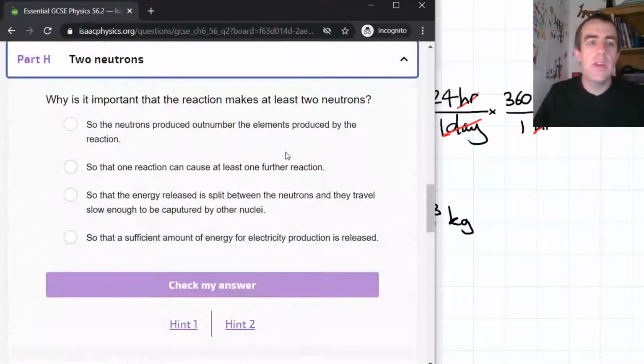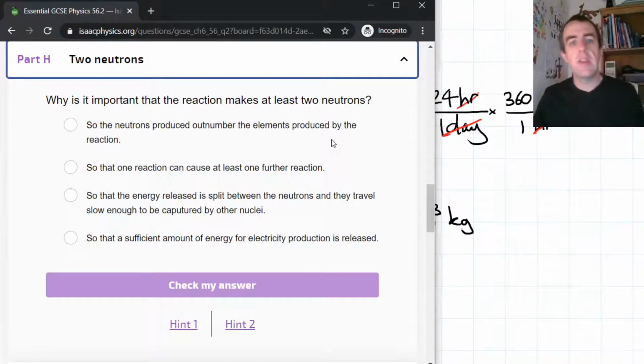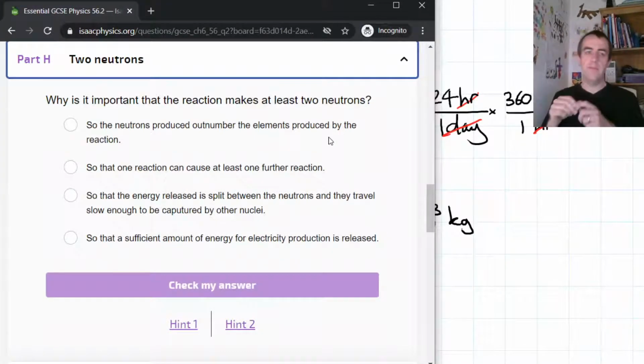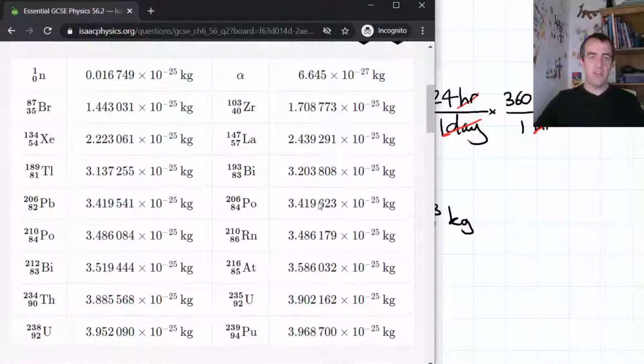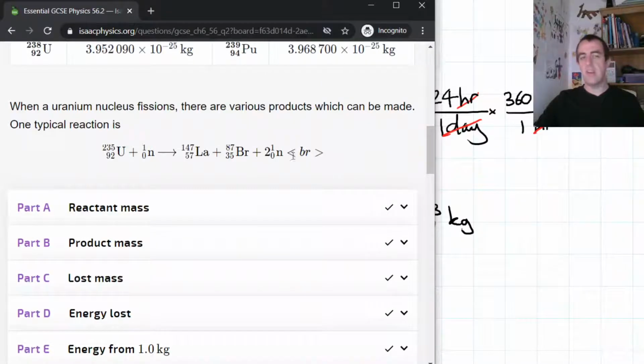It then says, why is it important the reaction makes at least 2 neutrons? Well, let's think about this. If it made just 1 neutron and there's not a 100% chance it could be absorbed, then each of these chain reactions has a less than 100% chance of causing the next one. The reaction will slow down and eventually you'll have no reaction.